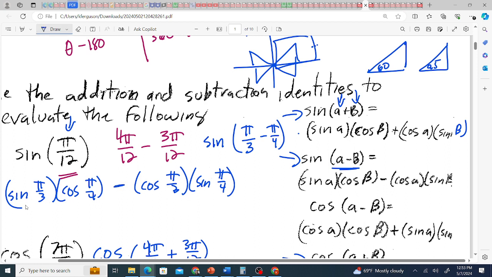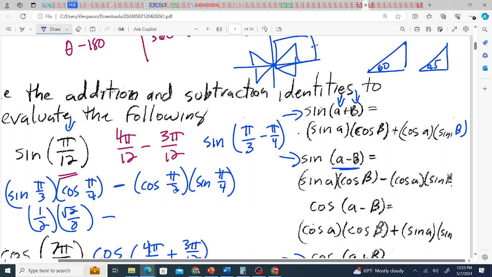So anyway, what is sine of 60 degrees? Can't hear you. Square root of 3 over 2. And then what's cosine of 45 degrees? Square root of 2 over 2.